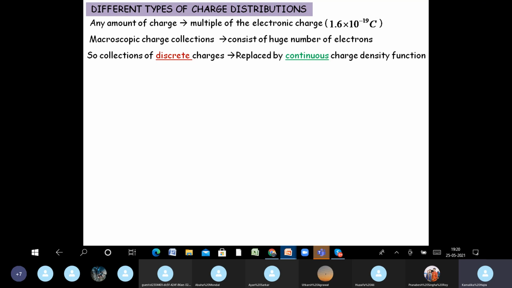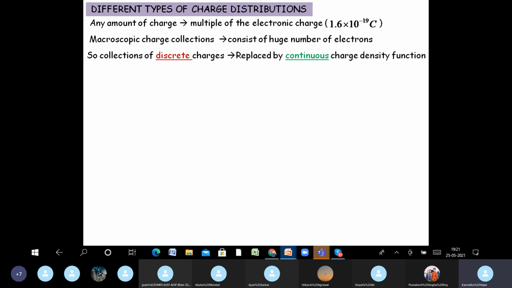So what do we do? We replace the discrete charges by continuous charge density functions. Okay, so we switch over from discrete point charges to continuous charge distributions, and this is what we learn now.